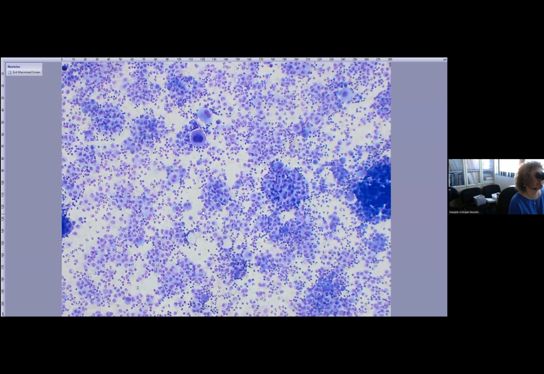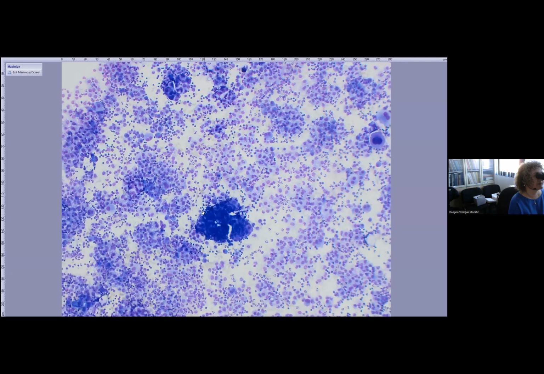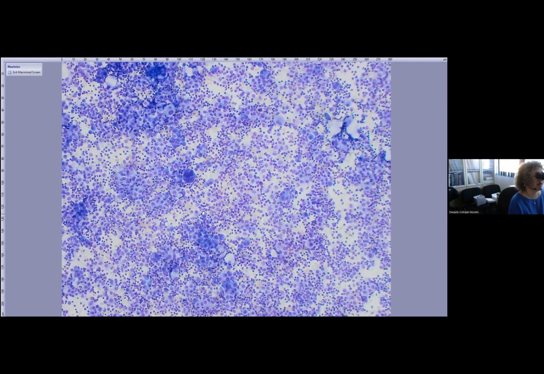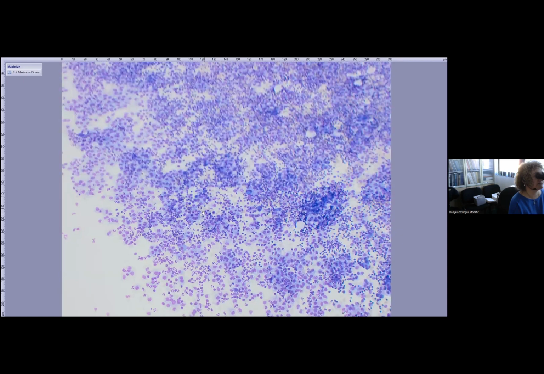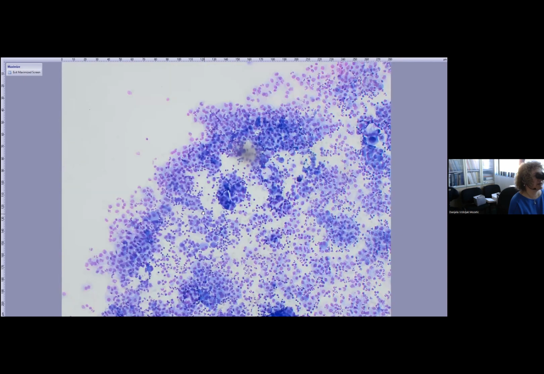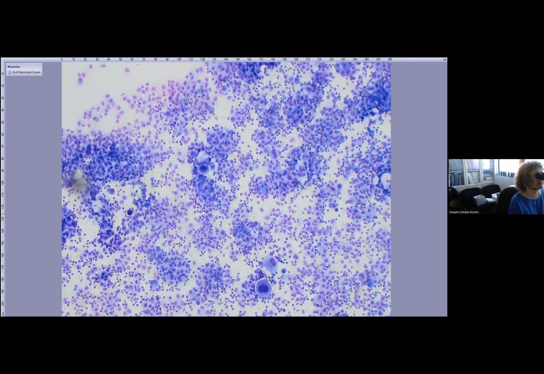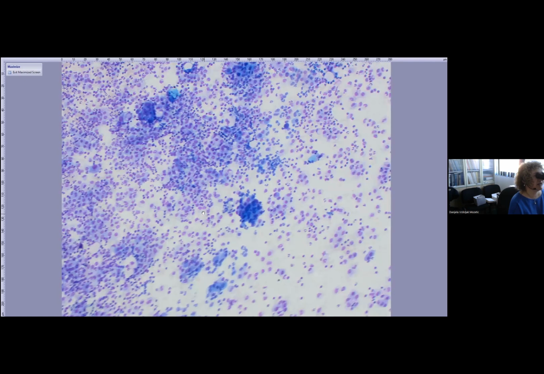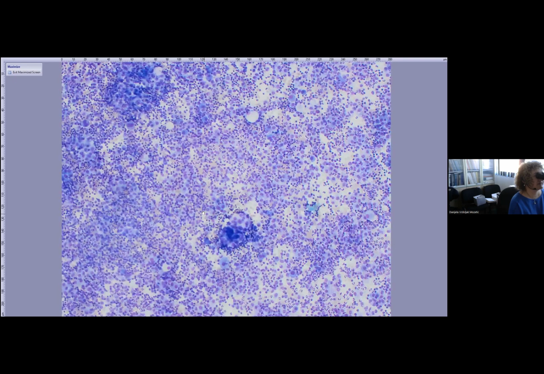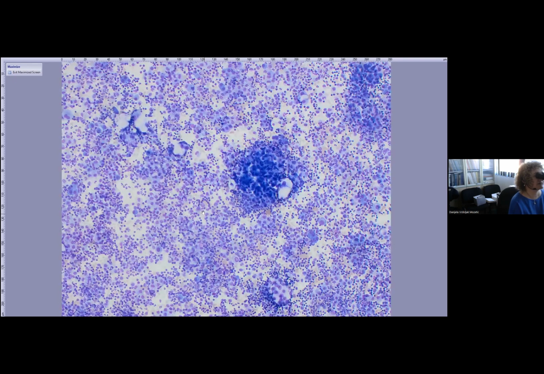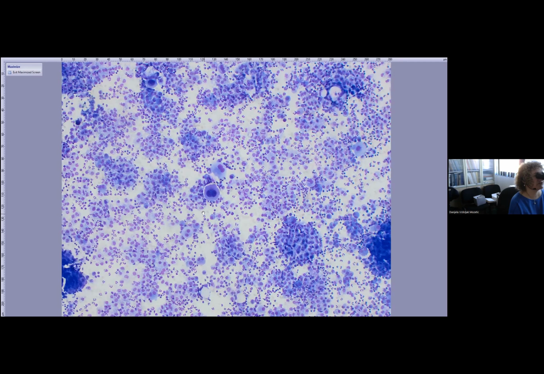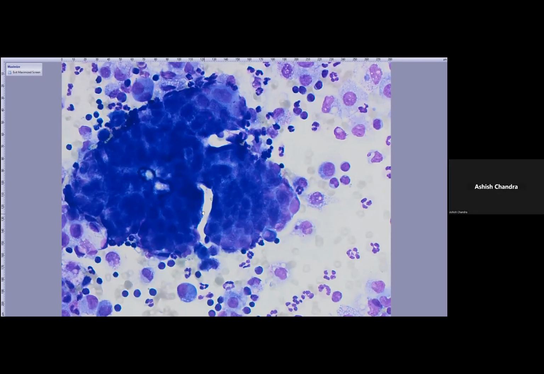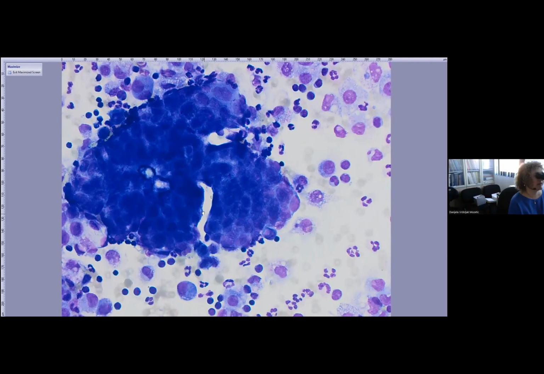Okay. Here you have a really highly cellular sediment in cytospin and a lot of clusters and some individual malignant cells. So this is a papillary cluster, MGG stain, surrounded by macrophages.